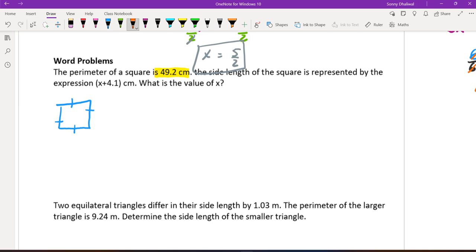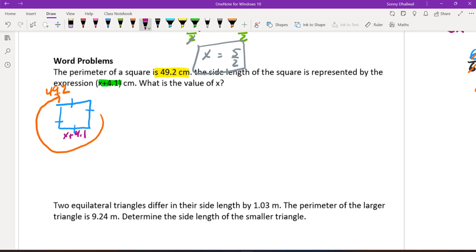So the distance all the way around this square is 49.2 centimeters. Okay. Right? And they say the length of the side of the square is represented by this formula. Okay? So that is how long one side of the square is.